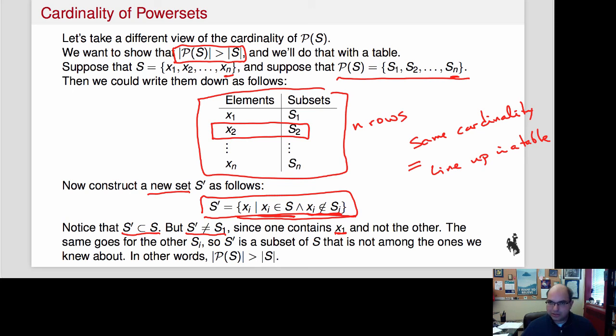So it's a new subset. What we have is a subset that is not in this table, so the subsets can't be put in a table with the elements of S. And that's exactly what it means to say that the power set has a different cardinality than S. It has to have a larger cardinality because it's the one that runs out of rows.